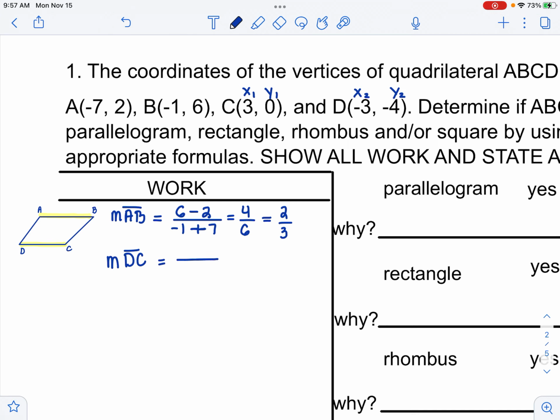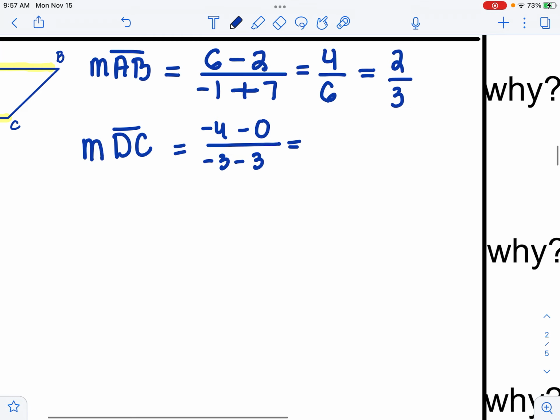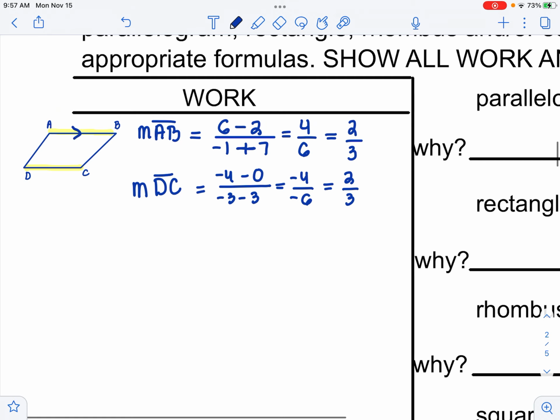All right, so now I'm going to do my slope formula, -4 minus 0 over -3 minus 3. All right, let's see what we get here. I have -4 over -6. That's a double negative, so it's going to become positive. And then 4 over 6 simplifies to 2/3. So far I have that these two lines are parallel.